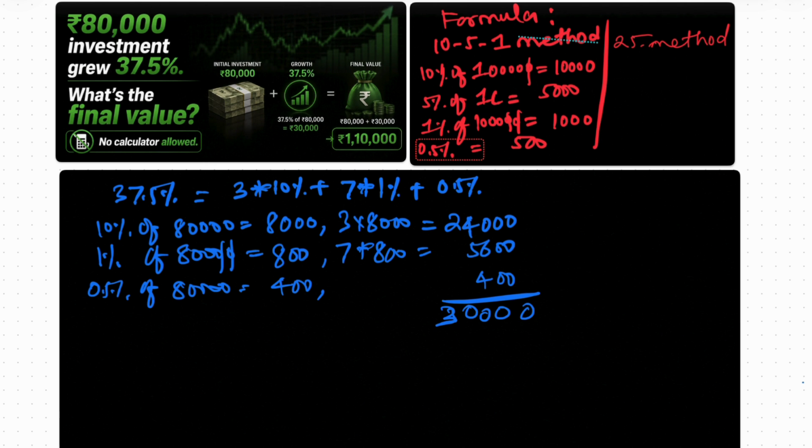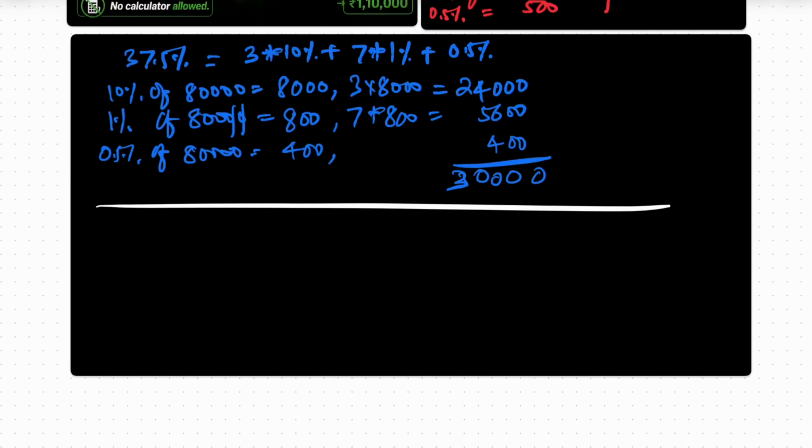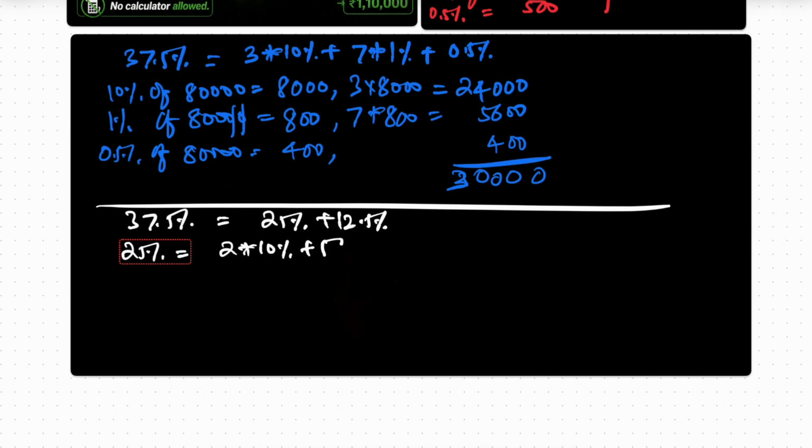The other way to look at this is, 37.5% can be split into 25% and 12.5%. And this 12.5 is nothing but half of 25. Now 25% is nothing but 2 times 10% plus 5%.